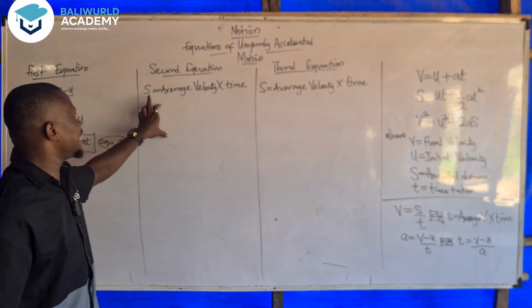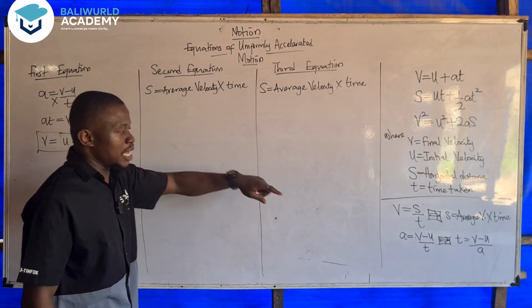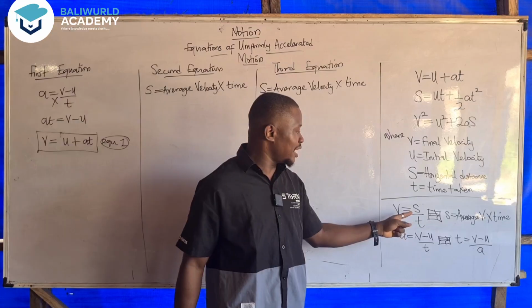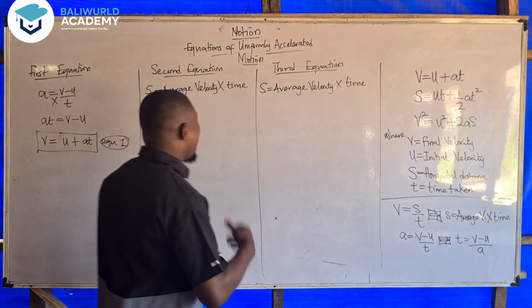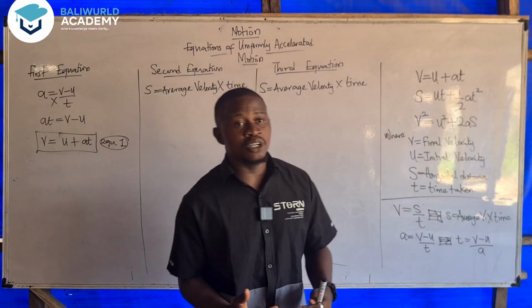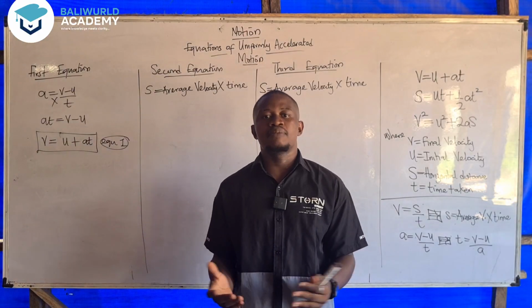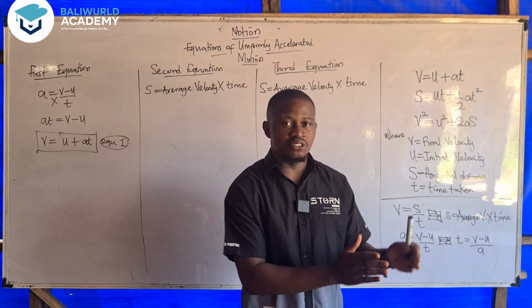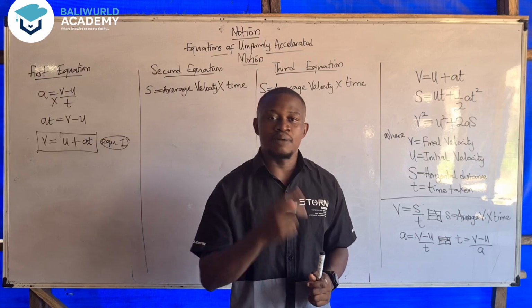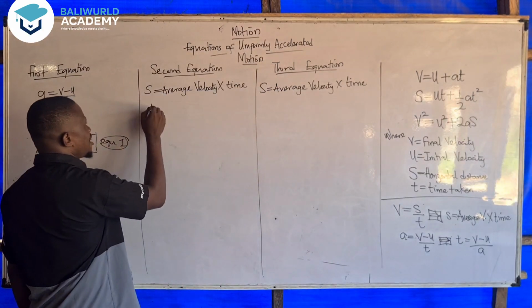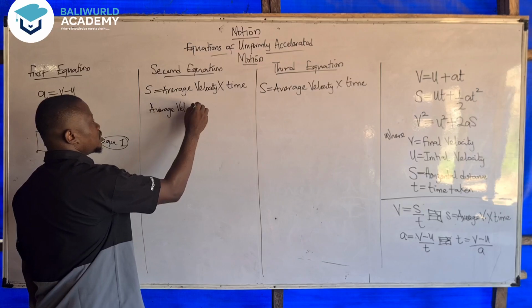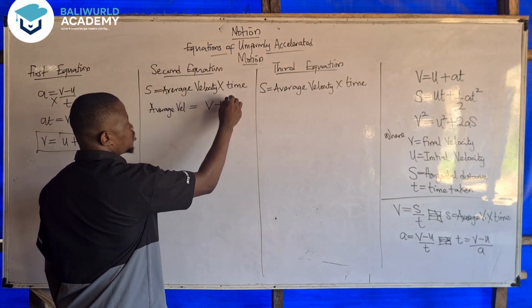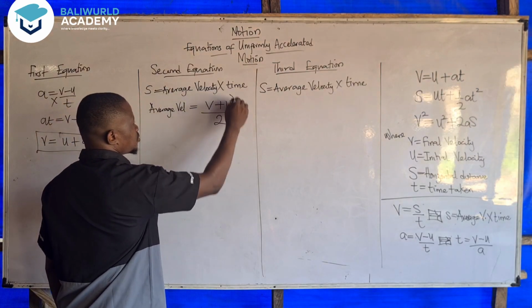Now, quickly, we jump into equation 2. Remember when I said S equals average velocity times time, gotten from velocity equals S over T, which we made S the subject of the formula. But take note, average velocity is just combining the two velocities and dividing it by 2. The final velocity plus the initial velocity divided by 2. Mathematically you write average velocity is equal to V plus U divided by 2.